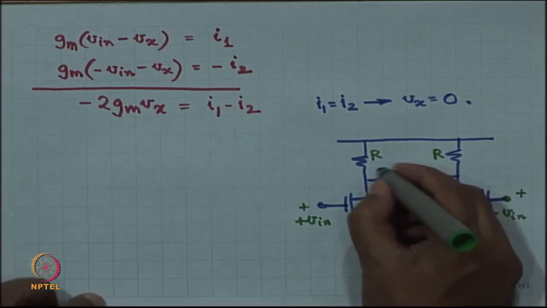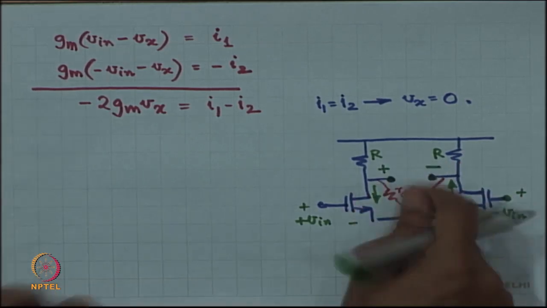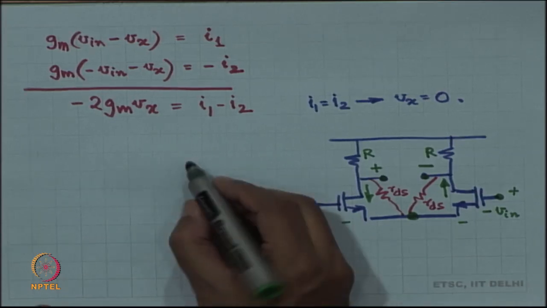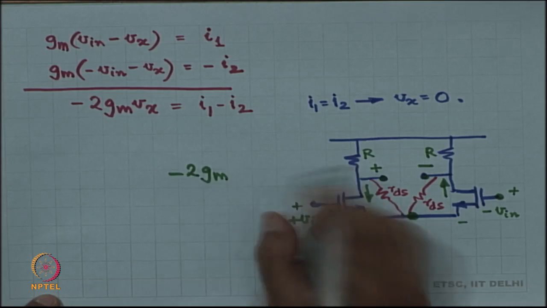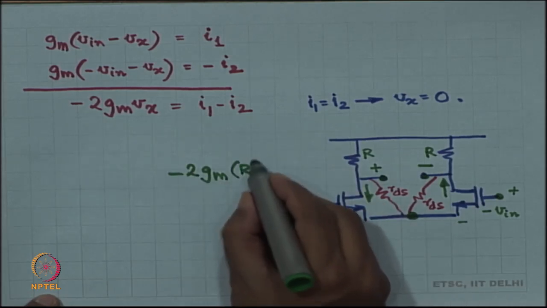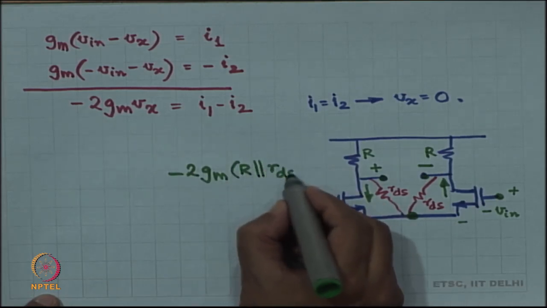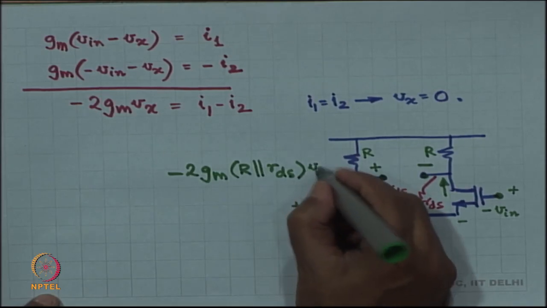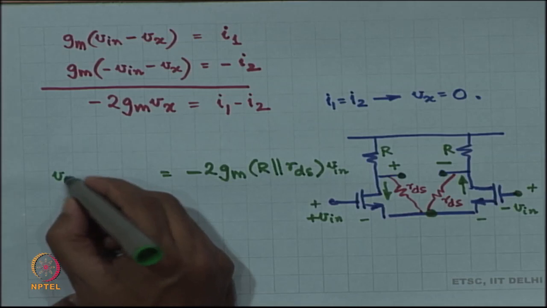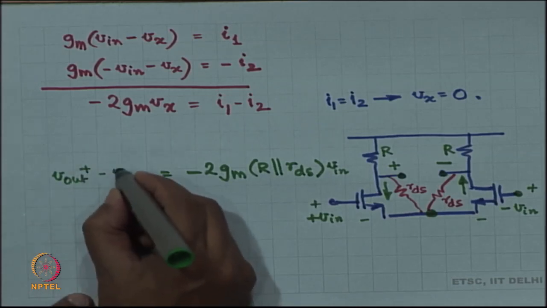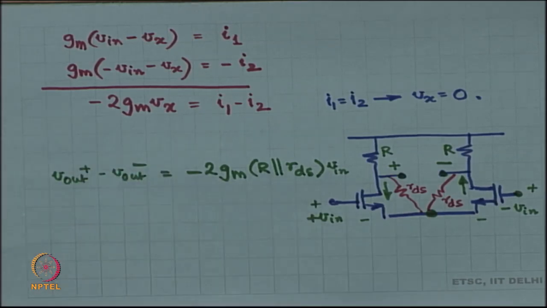and net, if you look at the difference of these two voltages, you will get minus 2 times G m times R in parallel with R d s times V in. Okay.